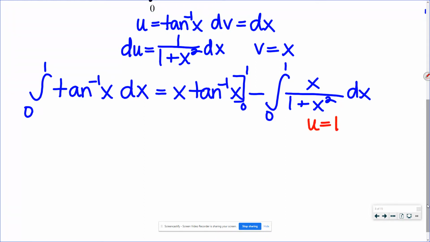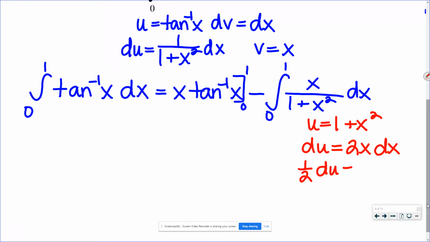Pretty sure we had this exact problem in our circuit, but not evaluated. So I can make u the denominator, and I can derive that and get 2x dx. And then I'm going to move the 2 over because I don't need that. So it would be 1/2 du is equal to x dx.